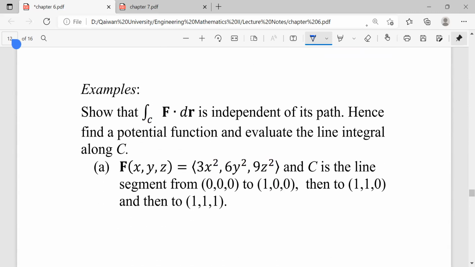It says show that this line integral is independent of its path. That means it does not depend on the path. Here, F is a conservative vector field.